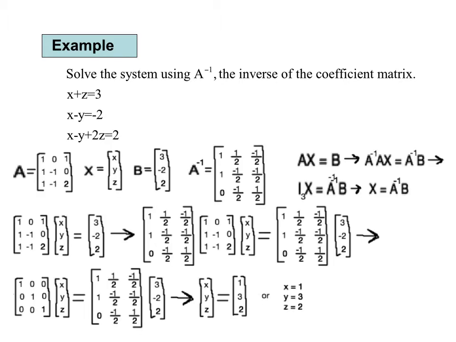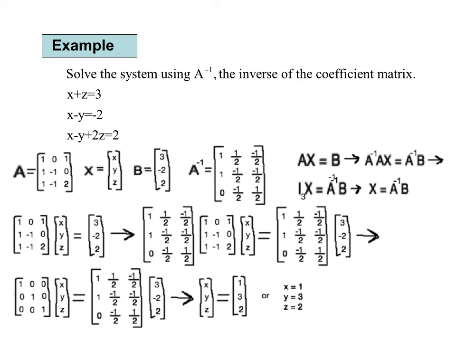Okay, so we know that matrix A, because of the coefficients, is 1, 0, 1, 1, negative 1, 0, and 1, negative 1, 2. Because we only have x, y, and z, the variable matrix is x, y, z, which is a 3 by 1. And then the solution matrix is 3, negative 2, 2.